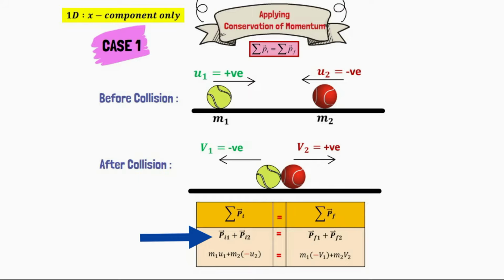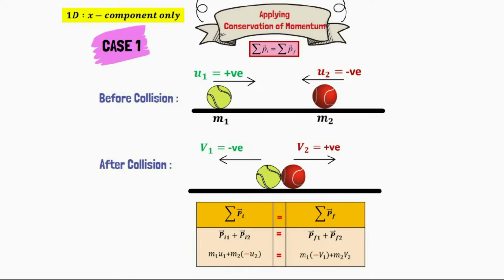Okay, sebab tu kita tulis Pi1 plus Pi2 equal to, so final kita still ada two objects. So momentum final 1 plus momentum final 2. Okey, kita totalkan momentum kedua-duanya bagi kedua-dua situasi, iaitu before collision and after collision.